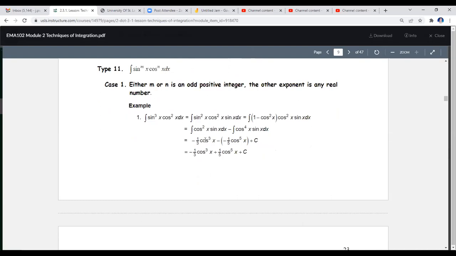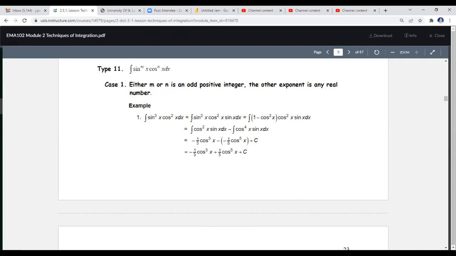Okay, you have here the sine cube of x and the cosine squared of x. What's being done in here is that the function that has the odd exponent was split into two. Okay, the sine function and the sine squared.